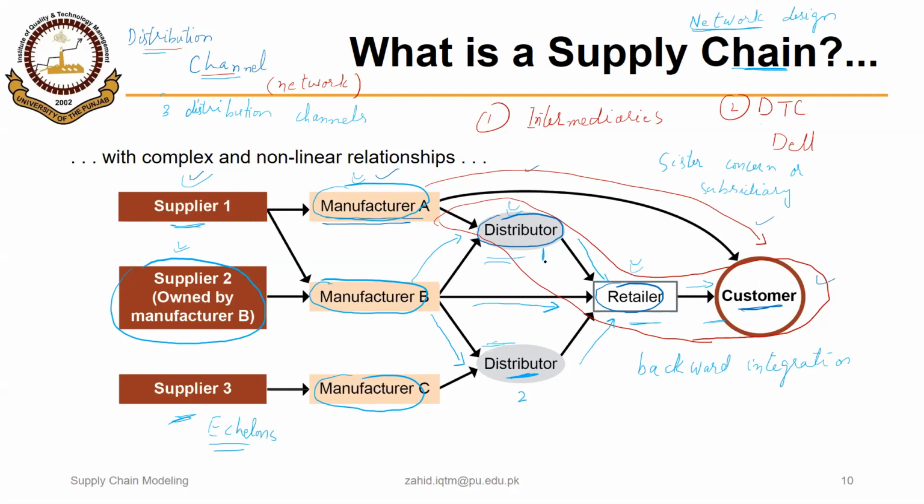So this supply chain has 4 levels. Now there could be more than one distributor, but the level is the same, right? So level is the same. For example, in this case, supplier, manufacturer B, and retailer. So that supply chain has 3 levels, 3 echelons. So we will see some more terminology in the following slides as well.